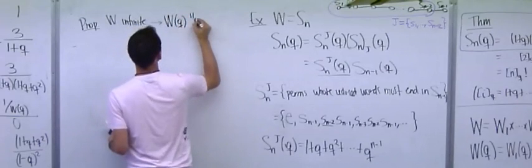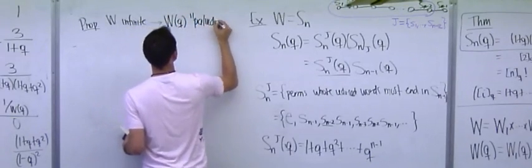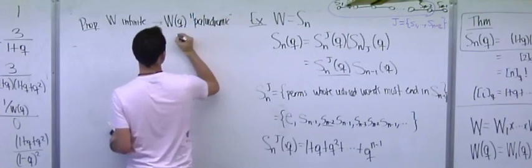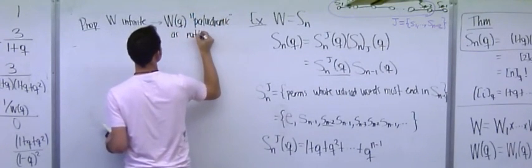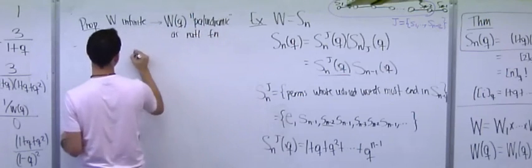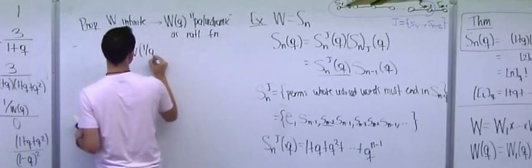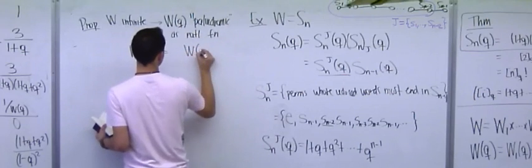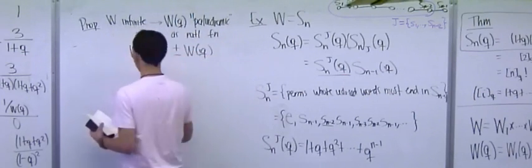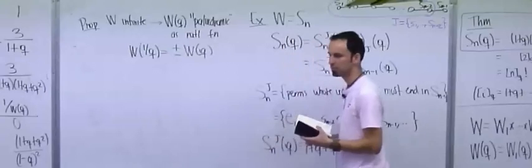So let me write in quotations palindromic as a rational function. And what I mean exactly is that if you plug in 1 over Q, you basically get the same thing as if you plug in Q, except you might be off by a sign.